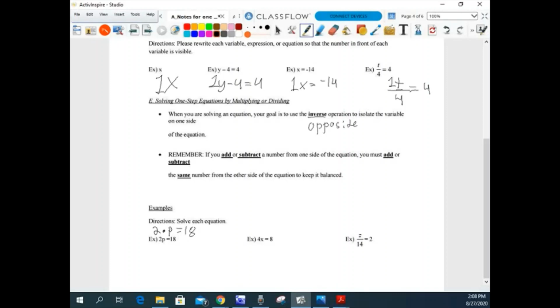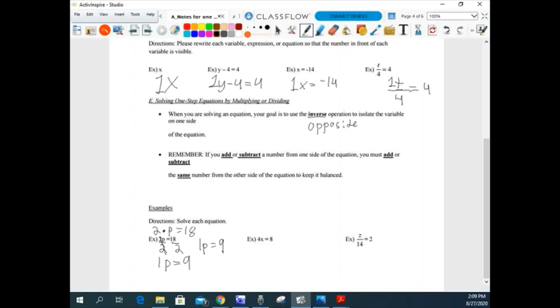Multiplication. The opposite of multiplication is division. So I have to divide this side by 2. And what I do to one side, I do to the other. 2 divided by 2 is 1p. 18 divided by 2 is 9. So that gives me 1p equals 9.